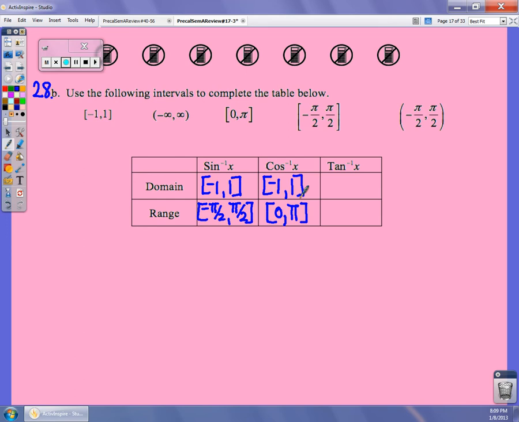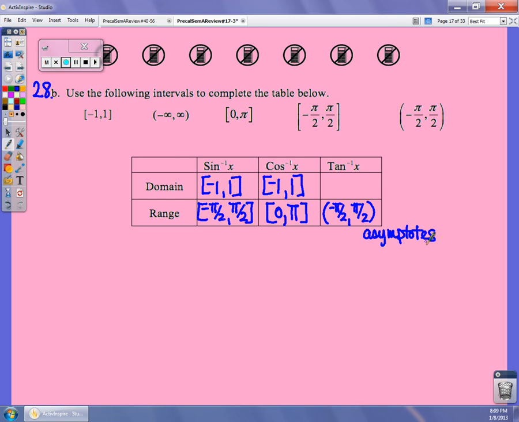For tangent inverse, it has the same range, or originally the same domain as the sine function, except remember negative pi over 2 and pi over 2, there are asymptotes there, and therefore those values are not included, and so we have open brackets there.